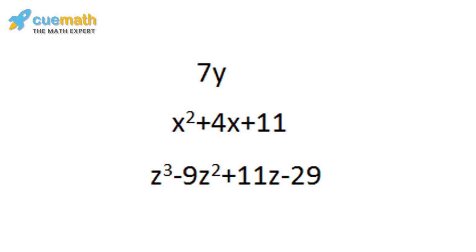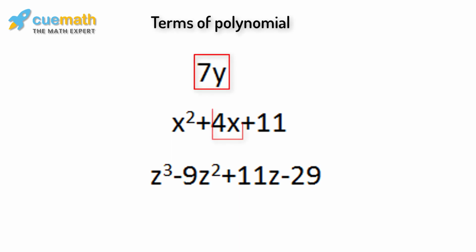So these are also called a polynomial in one variable. So basically a polynomial is a special type of algebraic expression where each of the exponents of the variables is a non-negative integer. Here 7y, 4x, 11, and negative 29 are called the terms of a polynomial.